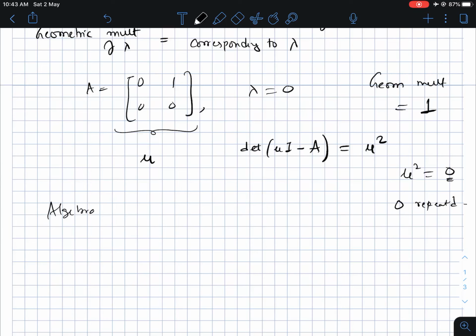The algebraic multiplicity of lambda is algebraic because it comes from the roots of the characteristic polynomial.